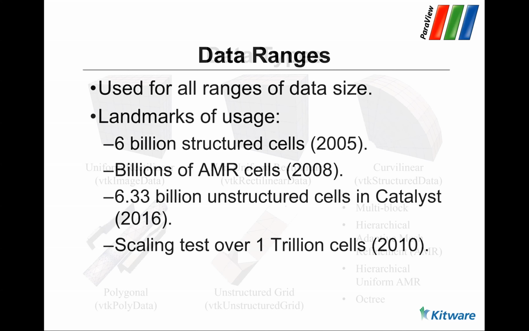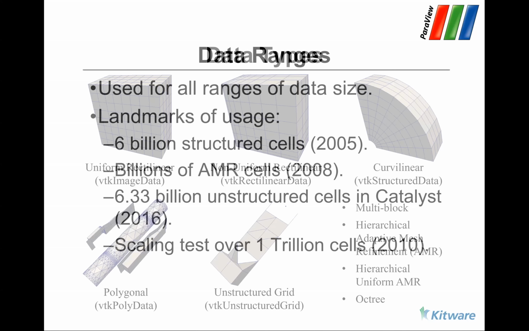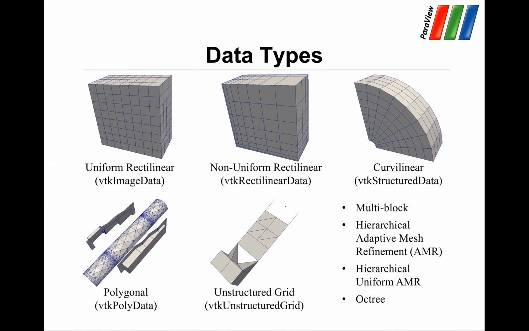ParaView uses the following basic types to represent data inside ParaView. These are VTK data types. So underneath ParaView, everything that's represented and processed in ParaView uses VTK. All these are optimizations that can save memory or can speed up algorithms.